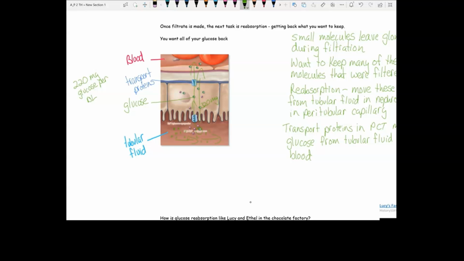So if there's 220 milligrams per deciliter in your blood, that means that in 1 minute, 320 will flow through the proximal convoluted tubule. And that is how many your transport proteins, when working as fast as they can, put back into your blood. So that means when you get to the urine, there will be 0 glucose because all of it went back into the blood.